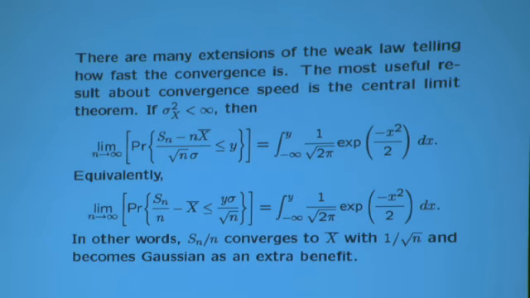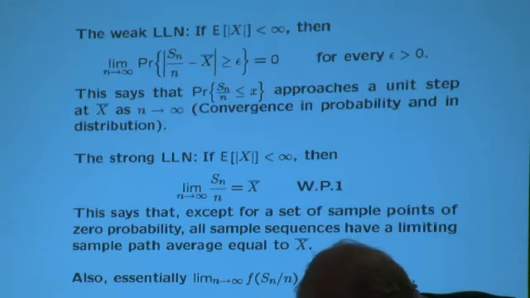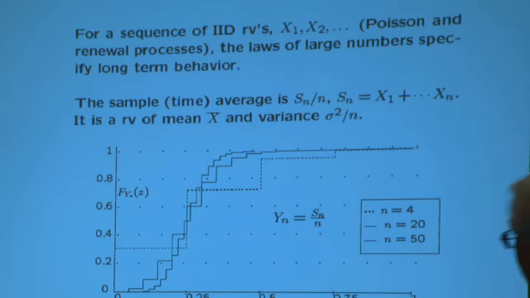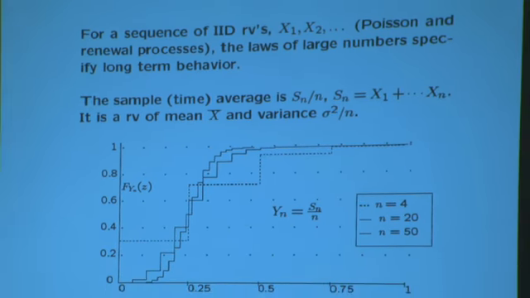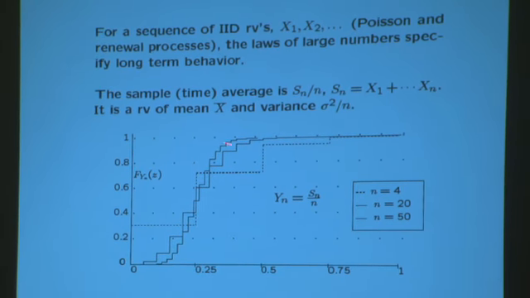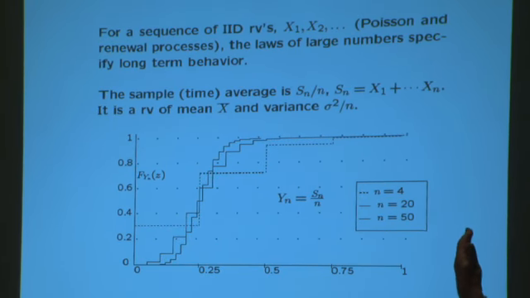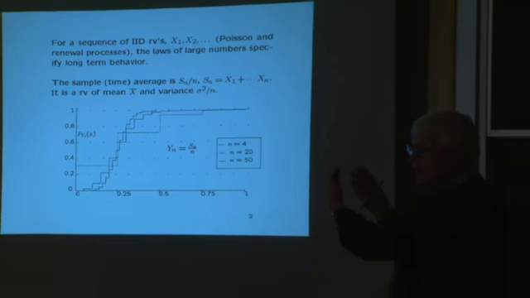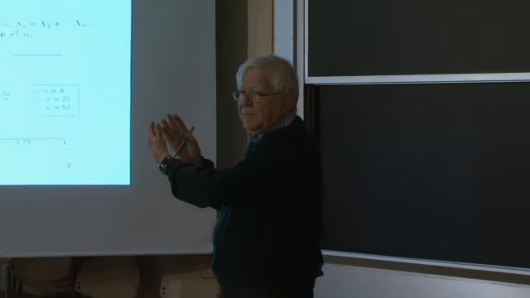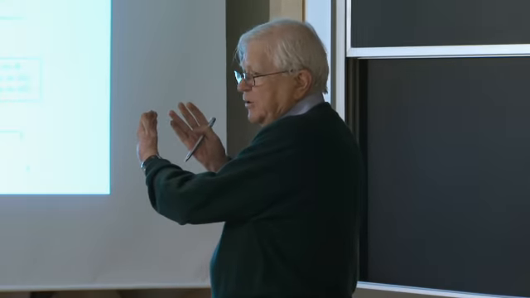It says that as n gets bigger and bigger, this quantity gets tighter and tighter. In terms of this picture, it says that as n gets bigger and bigger, the picture scrunches down as 1 over the square root of n, and it also becomes Gaussian.